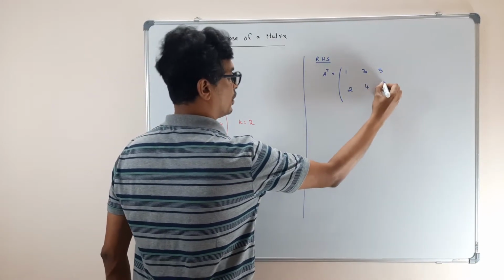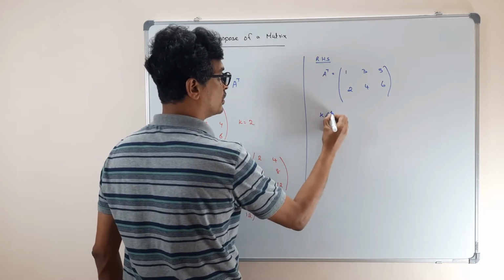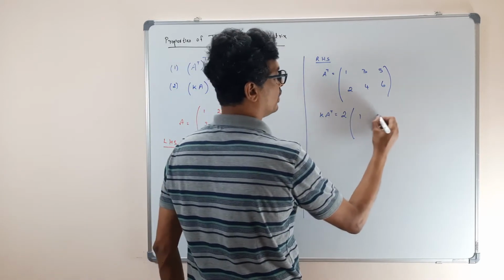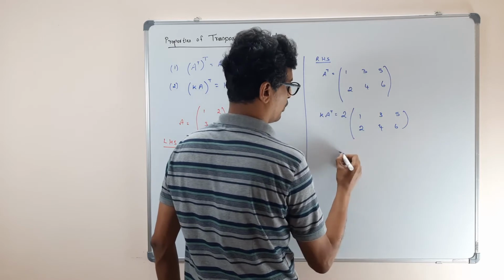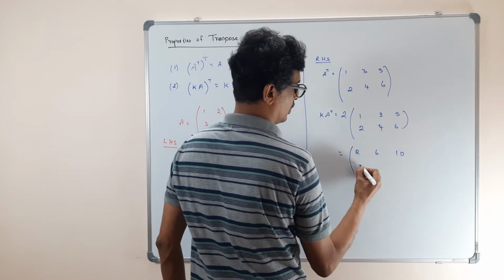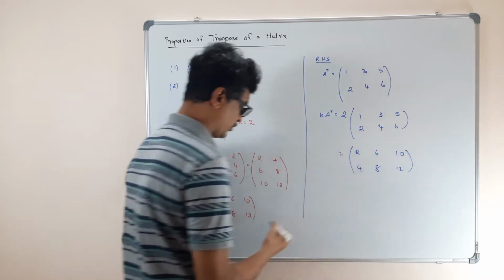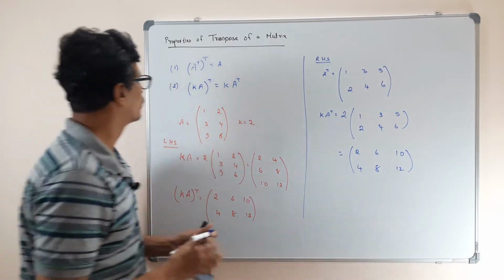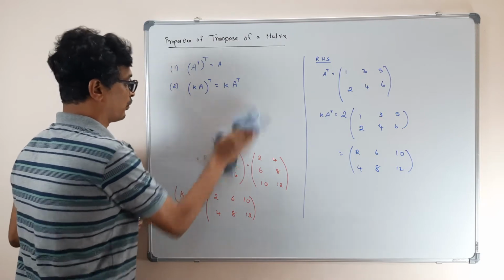So now, what will be K times A transpose? K is 2, so 2 into 1, 3, 5, 2, 4, 6. That will be 2, 6, 10, 4, 8, 12. Are they both the same? So this is the second property of the transpose of a matrix.